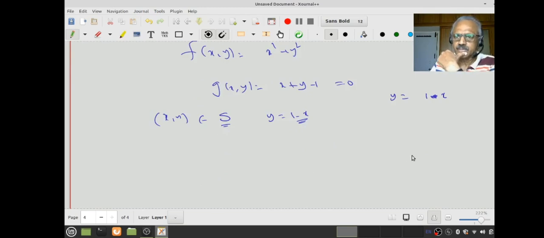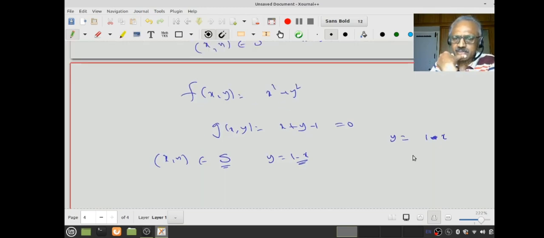Therefore, whenever (x, y) lies in S, I am going to look at the maxima and minima of f. My function f of (x, y) actually becomes a function of one variable, x squared plus (1 minus x) whole squared. This is what I have to minimize.